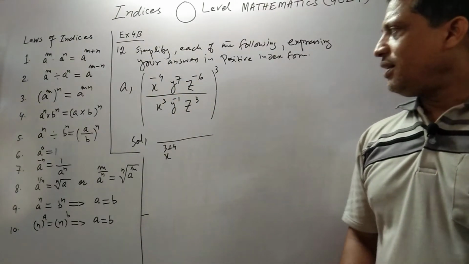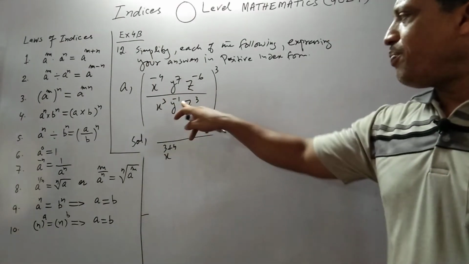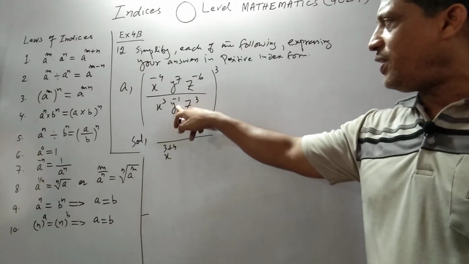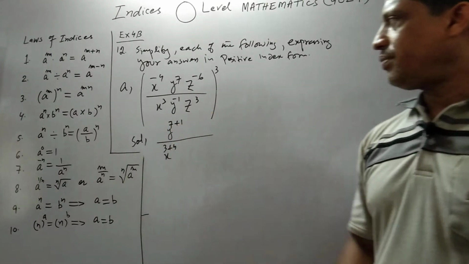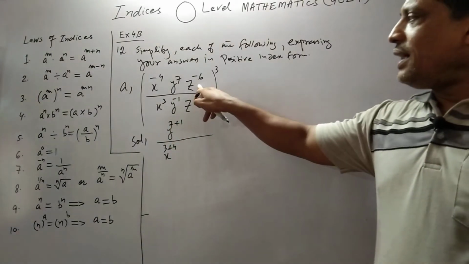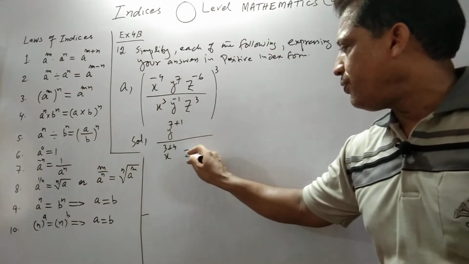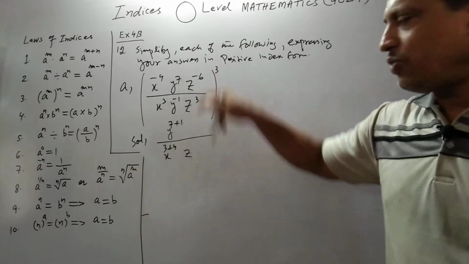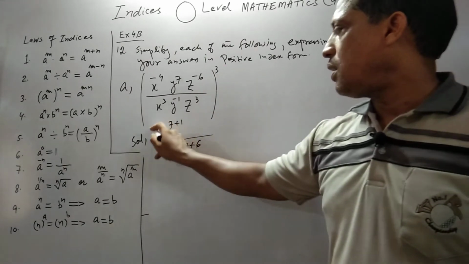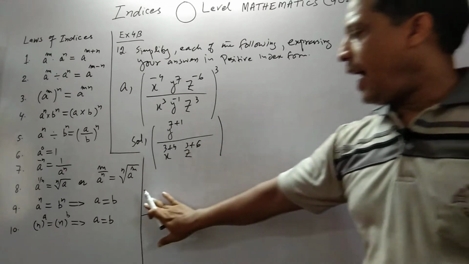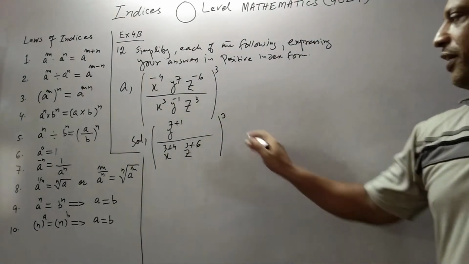If I get positive index form, so we must move this y minus 1 to numerator side. So it will become 7 plus 1. This is z minus 6, this is z3. So we should move this z minus 6 to denominator side. 3 plus 6. I didn't touch this power 3. It remains 3.